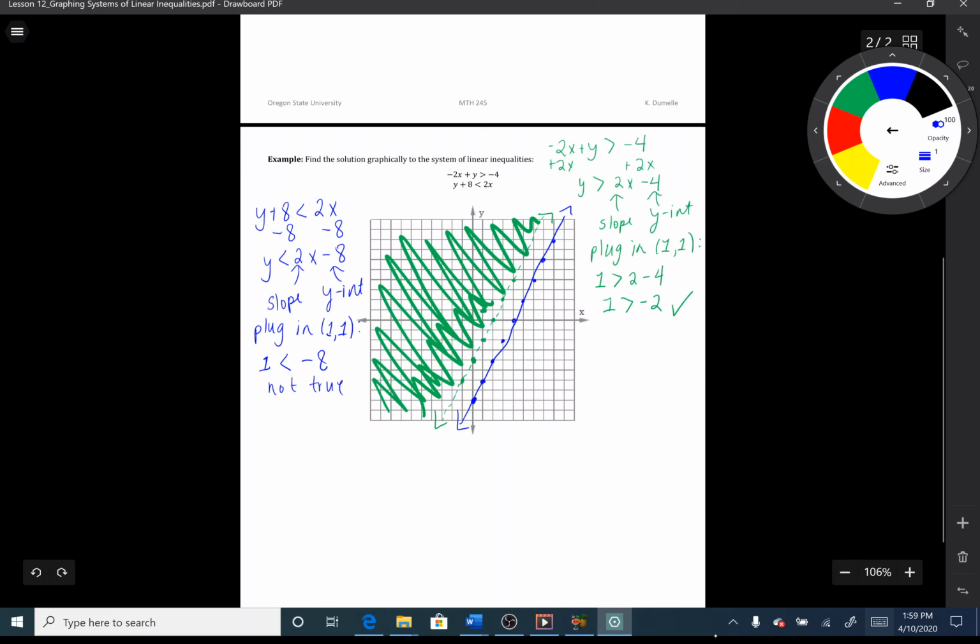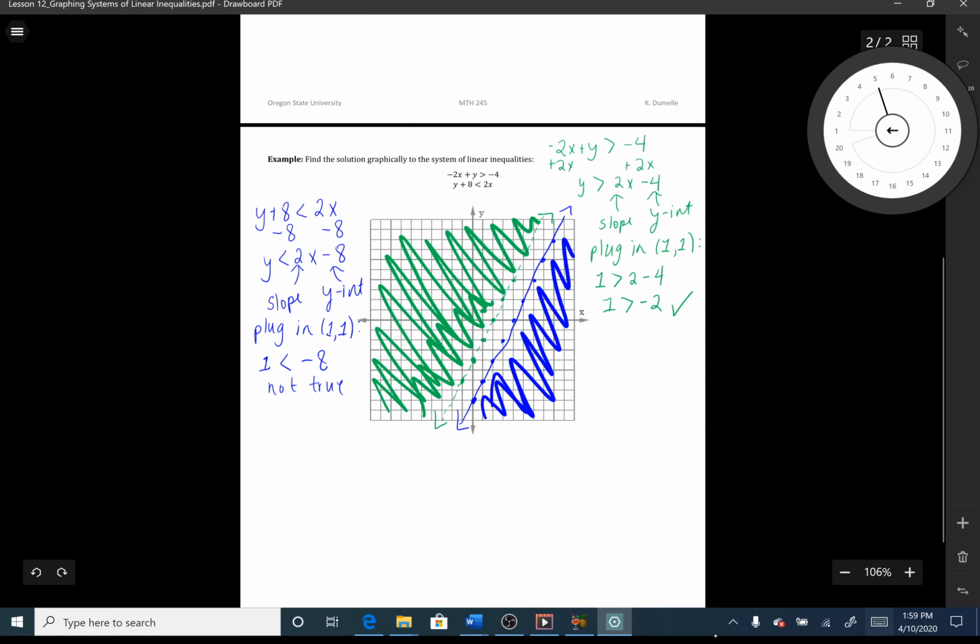So the portion of the graph with 1, 1 is not included in this inequality, which makes this side the inequality. But look at that, there is no overlap between these two portions of the graph. And because they are parallel, there will never be any overlap. So that means that there is no solution to this system.